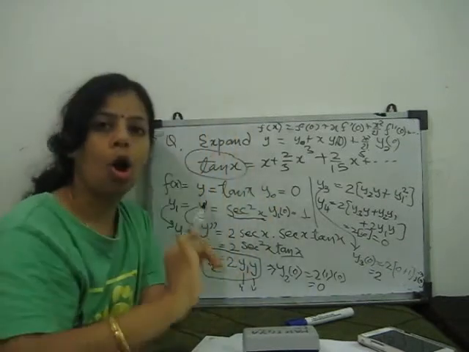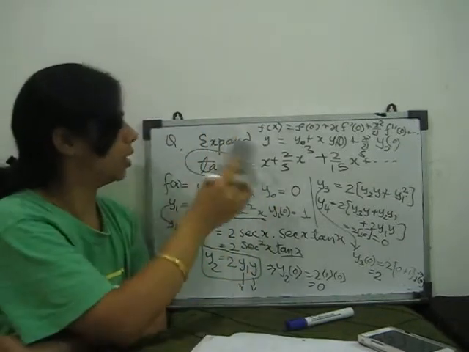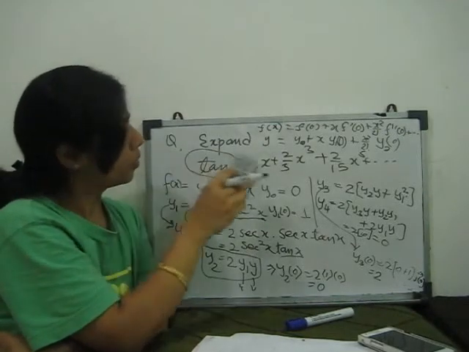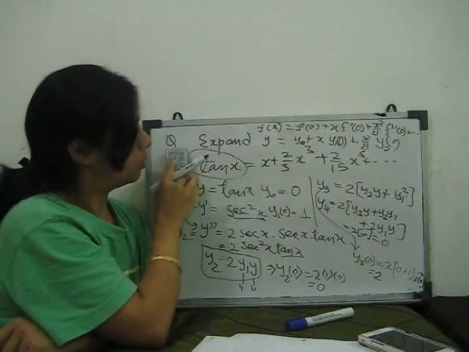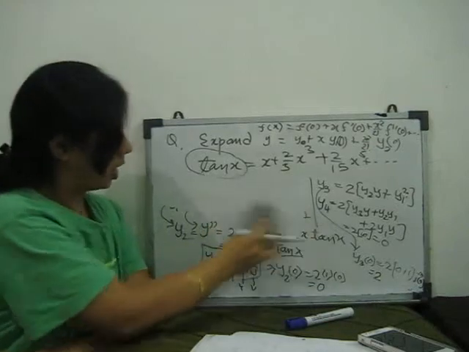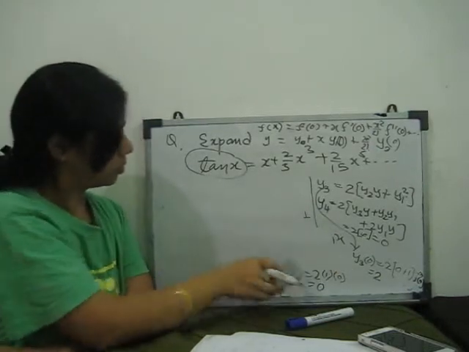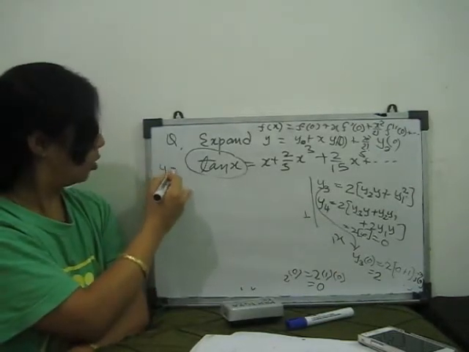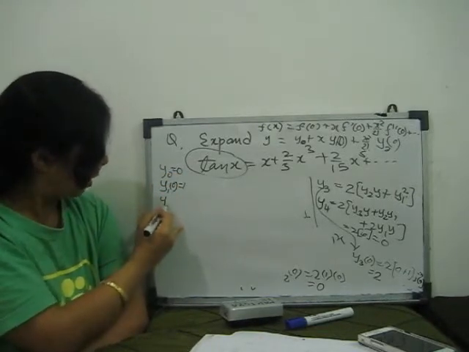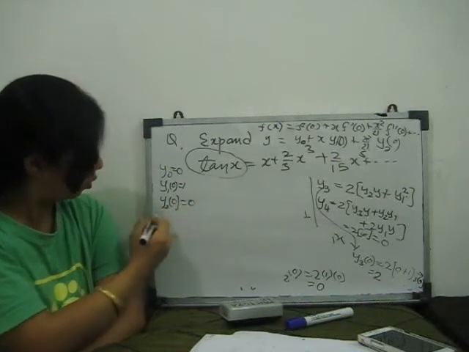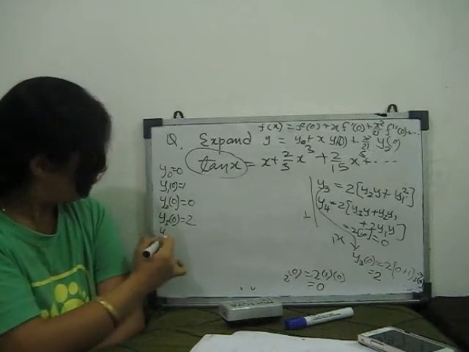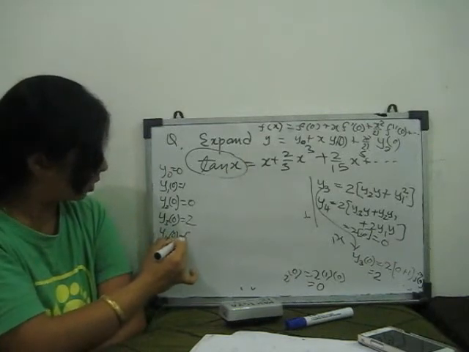Now you substitute all values in your given equation. Just remember, I rewrite all the values. y0 is 0, y10 is 1, y20 is 0, y30 is 2, y40 is again 0.